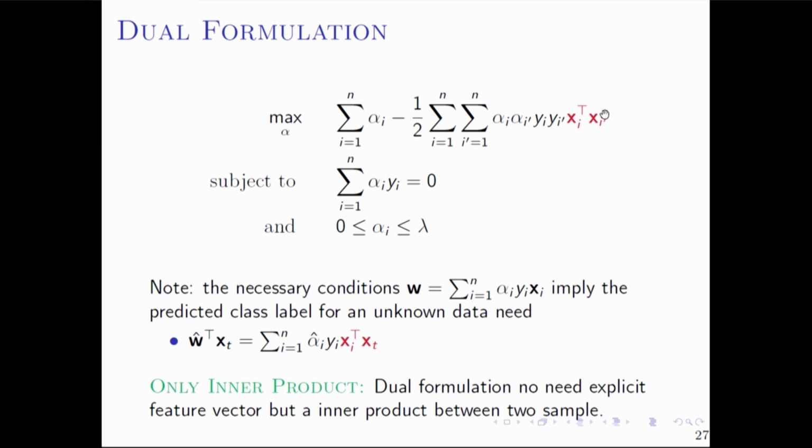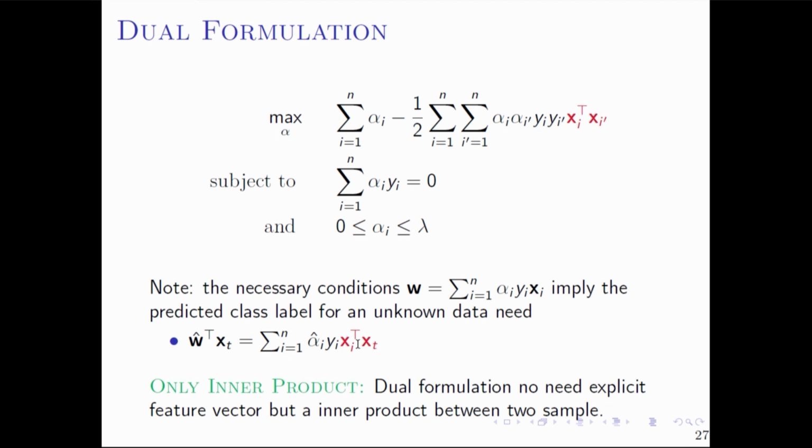In our optimization problem, we have only an inner product between two feature vectors. And when we are defining the class label of a test data point, that also has an inner product between the two features. So if we are dealing with the dual optimization problem of support vector machines, you don't need to input the feature vectors to your model, but you can input all the possible inner products between your sample points.